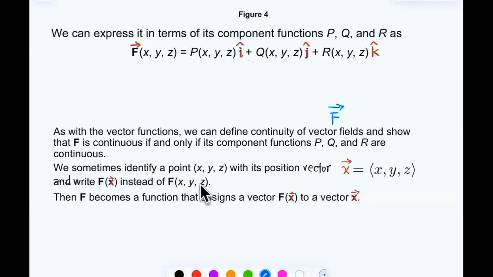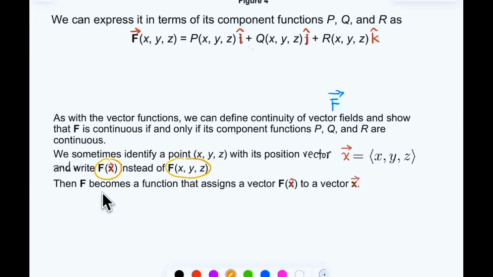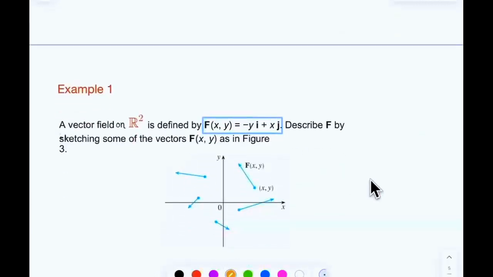So these two are actually interchangeable. You can write it either way, but this one looks simpler. If you write it that way, then F becomes a function that assigns a vector to this vector. It's better that we have some examples.